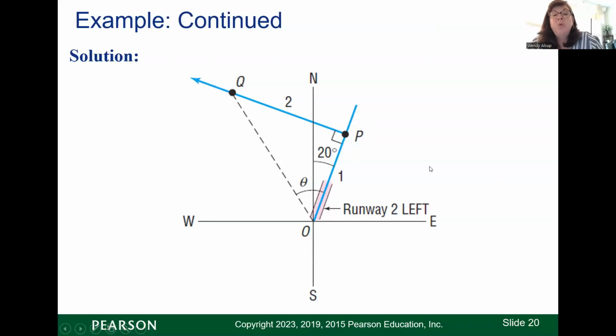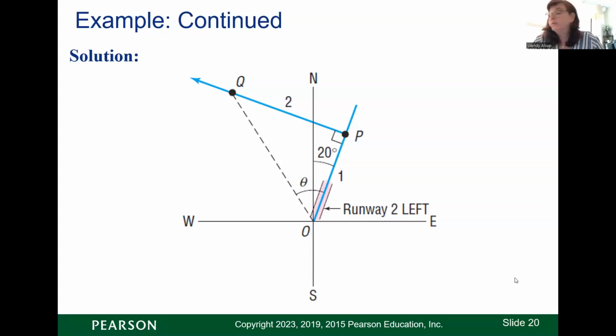What we need to do is figure out this angle theta and then subtract 20 degrees from it. I know 1, I know 2, so I can use the tangent. The tangent of theta is the opposite over the adjacent, so theta is the inverse tangent of 2. We are in degree mode.